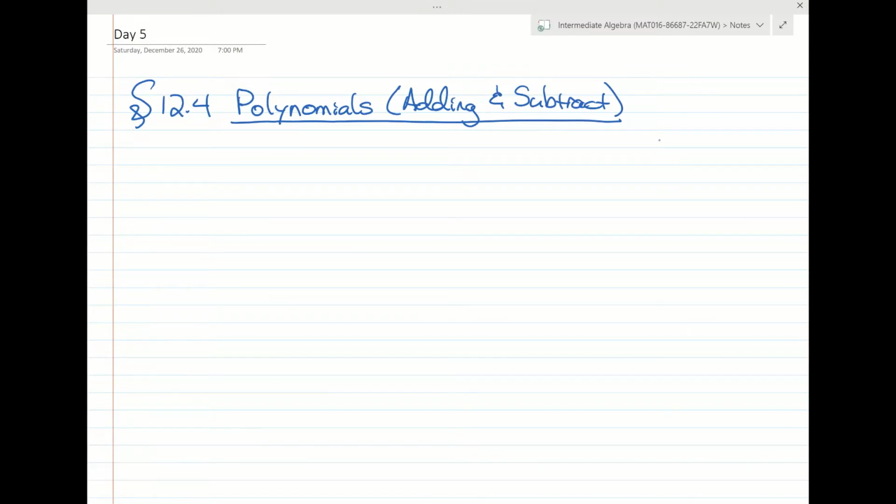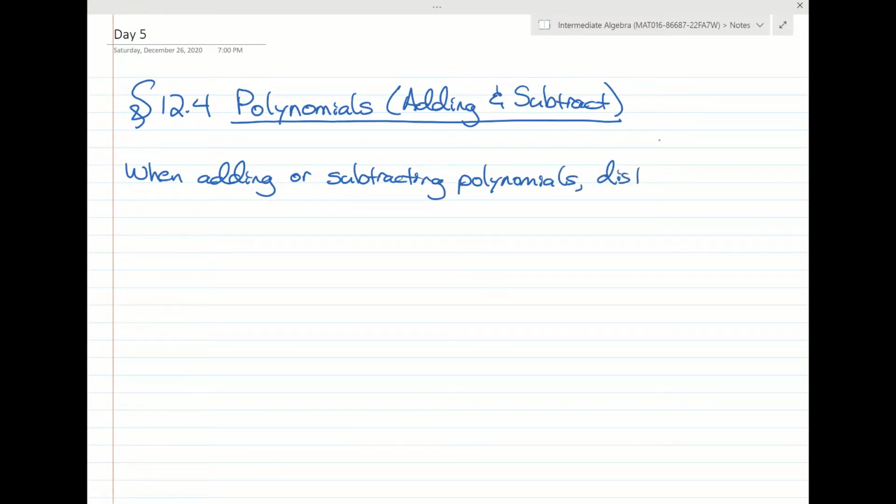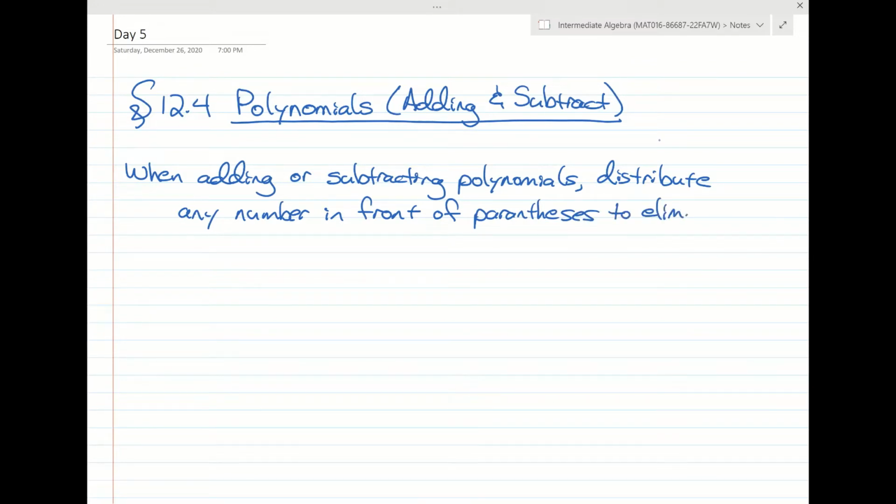So I'll just give you a general rule here. When adding or subtracting polynomials, we distribute any number in front of parentheses to eliminate the parentheses.